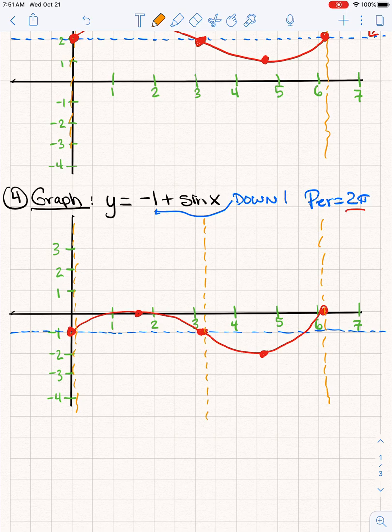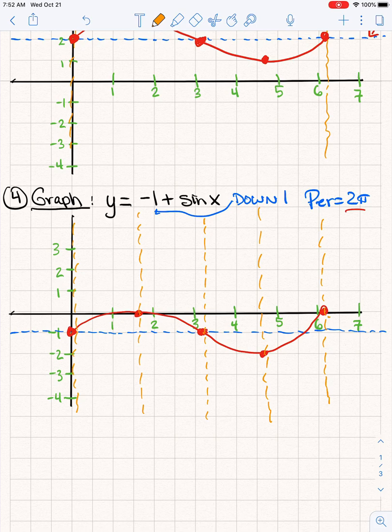If I then cut each half in half, we're going to find the location of our other critical points. From 0 to 3.14, 1.57 drops in. From 3.14 over to 6.28, 4.7 joins in. So we actually are sectioning that period by cutting things in half to find the location of our points.